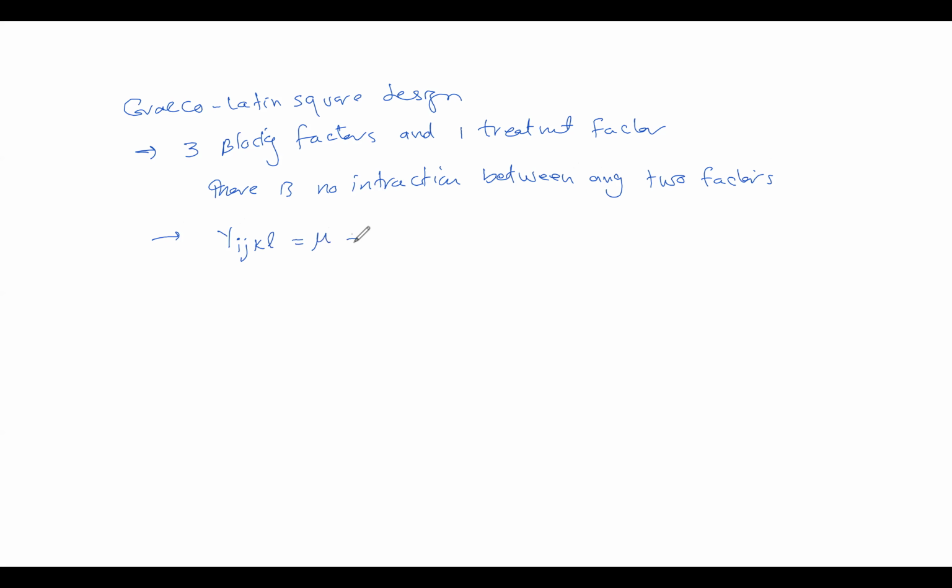So mu plus the four effects, let's say theta_i plus tau_j plus gamma_k plus xi_l. There is no interaction in the model because we assume the interaction is not significant, plus epsilon_ijkl.